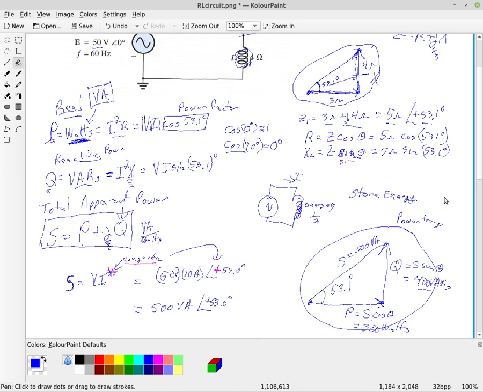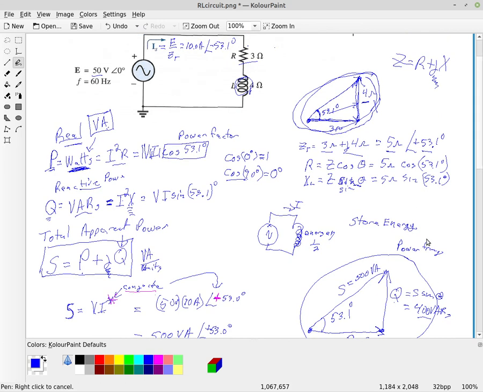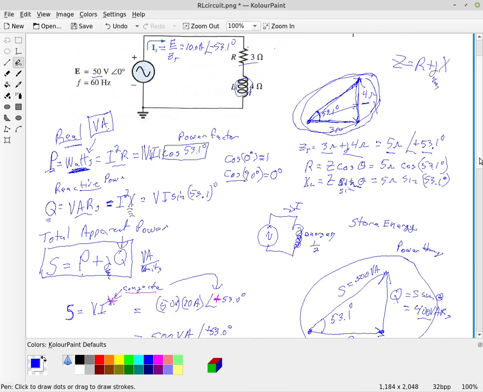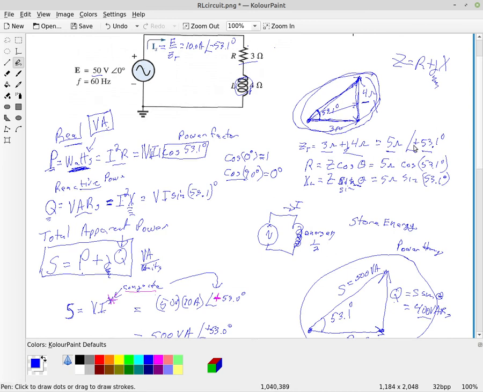Sorry about that. The power triangle is identical to the impedance triangle up here, except you're multiplying it by the square of your current. This is our impedance here, which is 5 ohms at an angle of 53 degrees, or 3 plus J4.